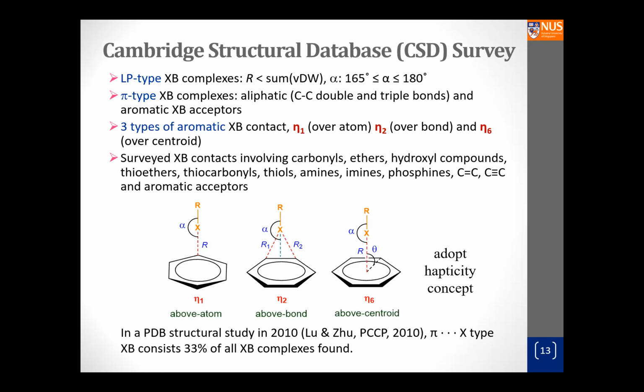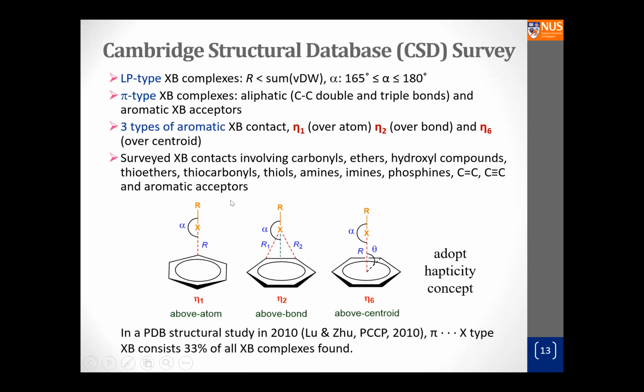Okay, so to answer this question, we did two things. One is to go to the Cambridge Structural Database, because there are many structures that have a halogen bond. There was a study back in 2010, but we wanted to do an updated study, and specifically I wanted to look at the aromatic interaction here.